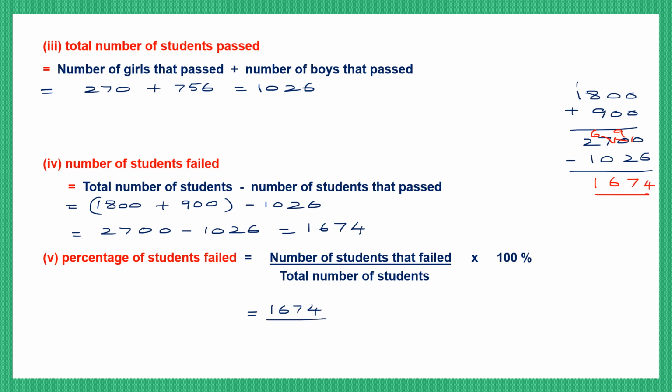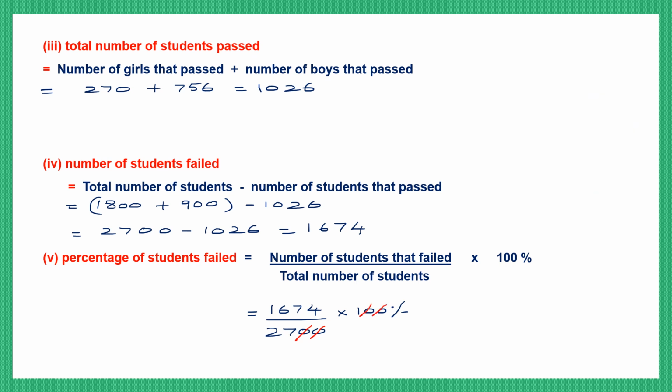So divide this by 2,700 into 100%. Now cancel. We can cancel 2 zeros here and 2 zeros here. Now let's see what else we can cancel. Now we have 1674 divided by 27. We can straight away do that division. So let's do that division.